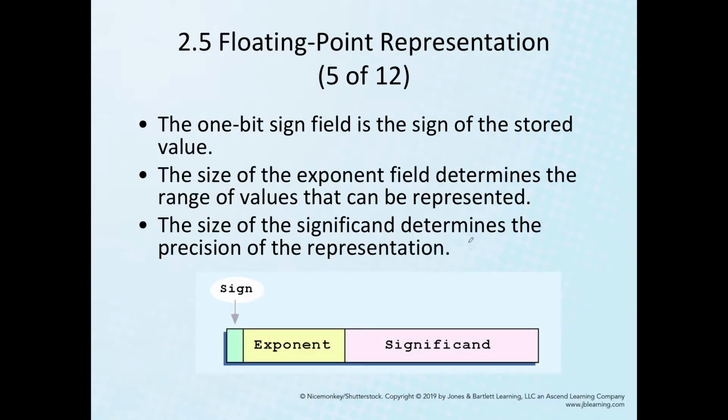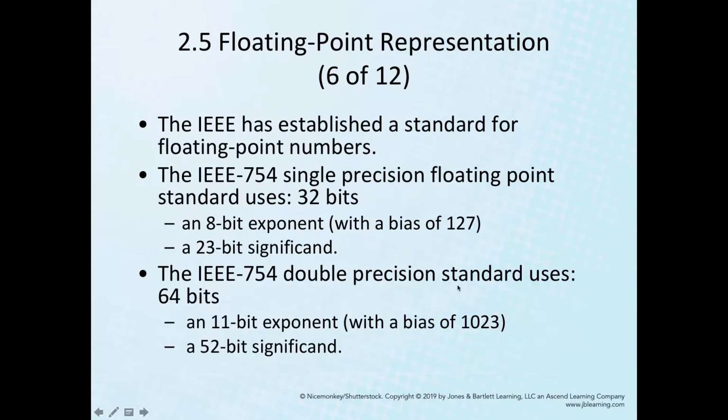So here is a recap. We assign one bit for sign, and then a certain number of bits for exponent, and a certain number of bits for significand. Out of those three components, we can represent a number with a fraction part, and that is called the floating point representation.